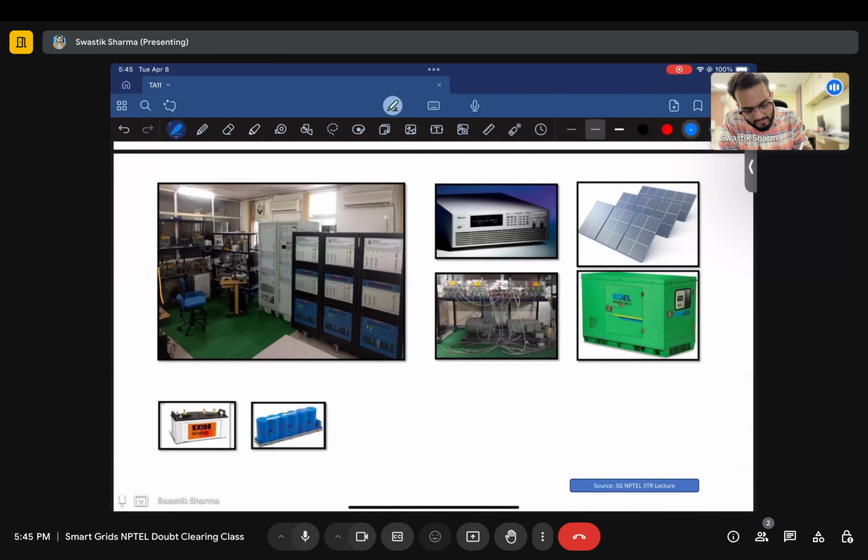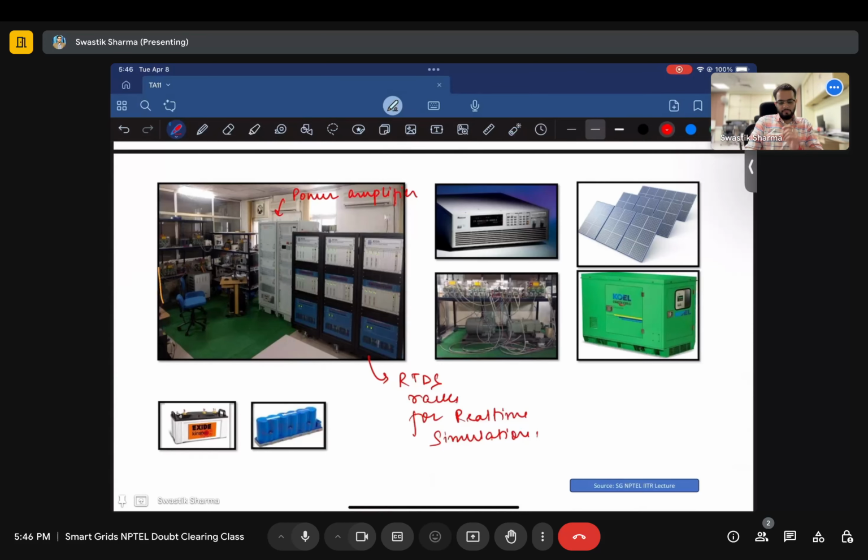So this is the main hero behind all of that, right? The main protagonist that is used to simulate all of these different devices that you have. This right here is a power amplifier, and this is the RTDS racks for real time simulation.